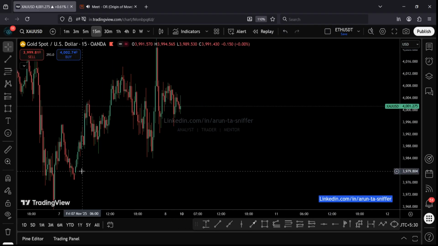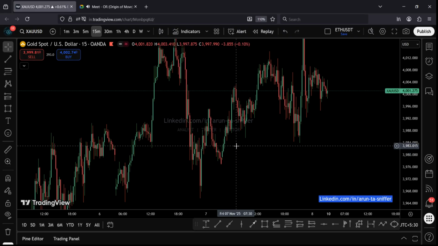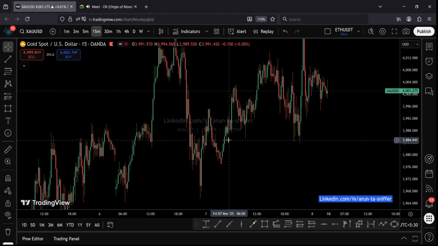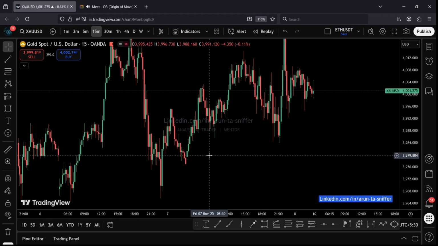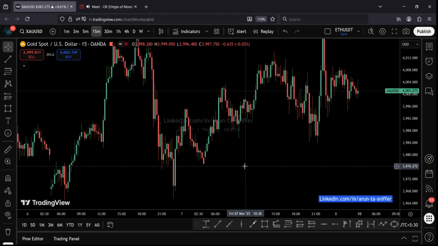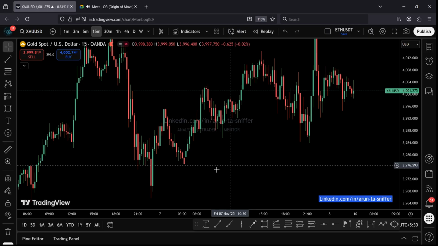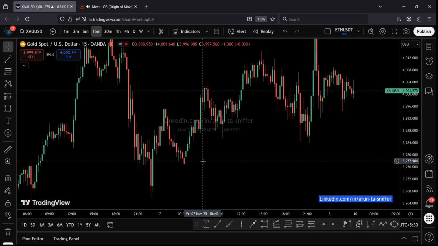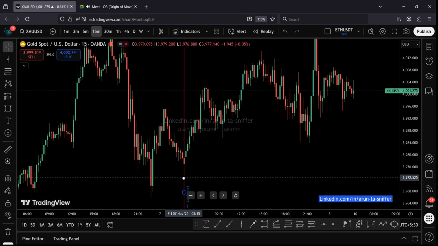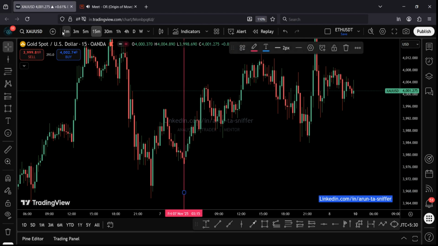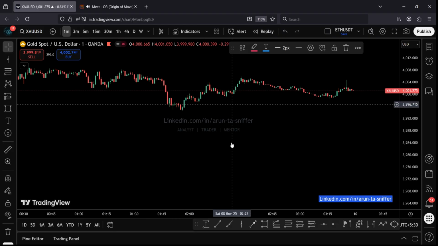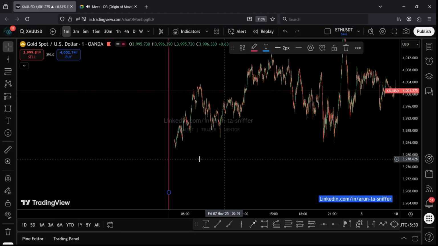Okay, look at this area, this candle. We will go to lower time frame and see if they are RSFL or not.